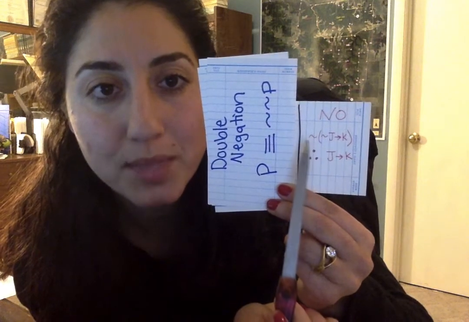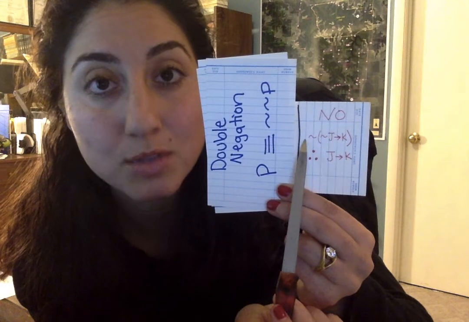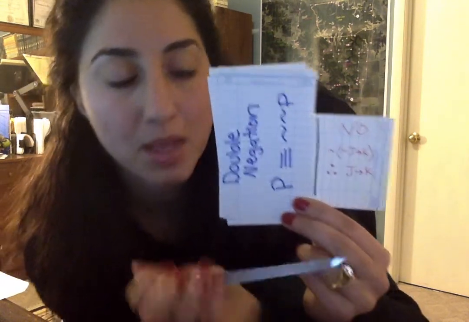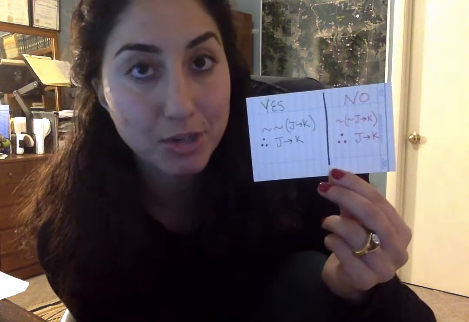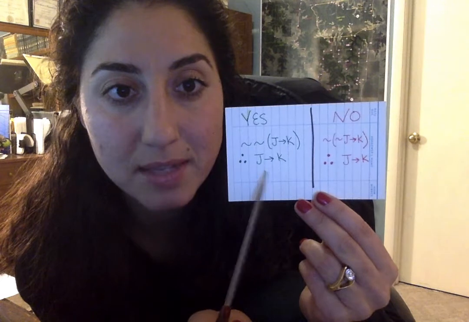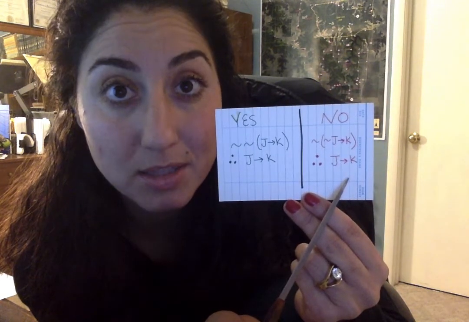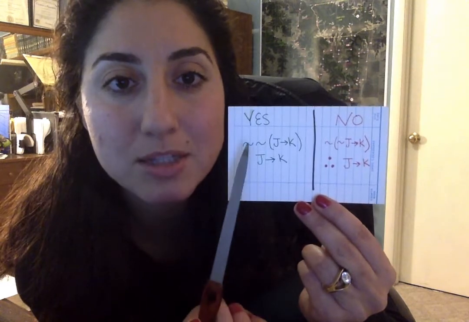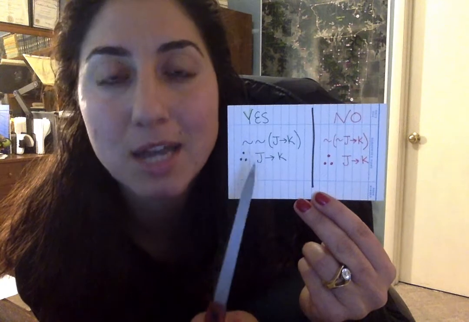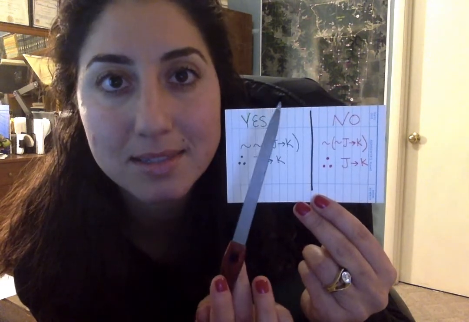So this statement is incorrectly transformed into this other statement, if J then K. Now remember, the one where it was accurately used, the conclusion is if J then K. In the one that's inaccurately used as well, if J then K. But because these two tildes are directly after one another, you are saying it's not the case that something.